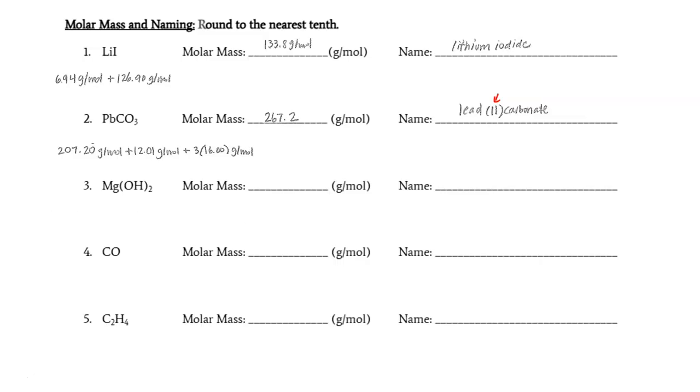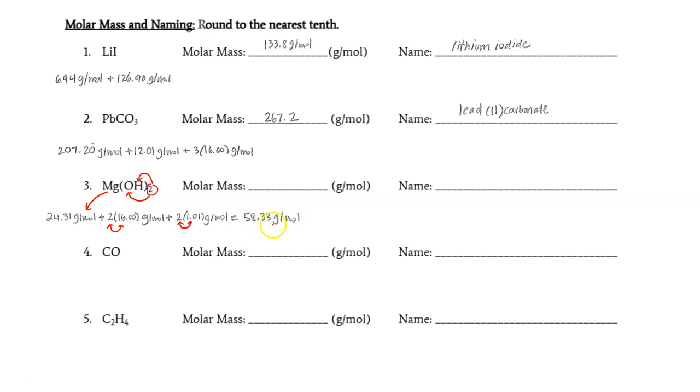All right, magnesium hydroxide. One thing we want to remember whenever we have parentheses is we've got 1 magnesium. That 2 distributes to both the oxygen and the hydrogen inside that. So it's 2 times 16 plus 2 times 1.01.